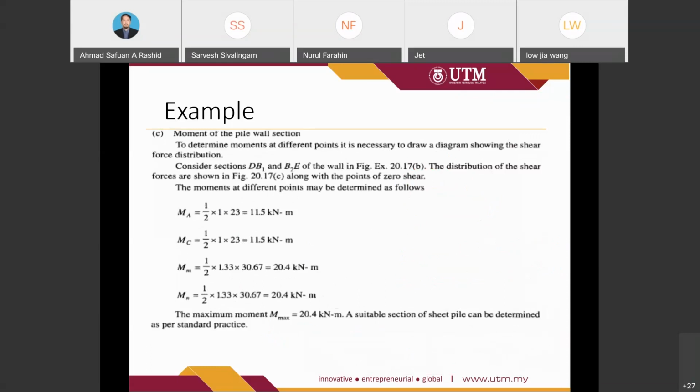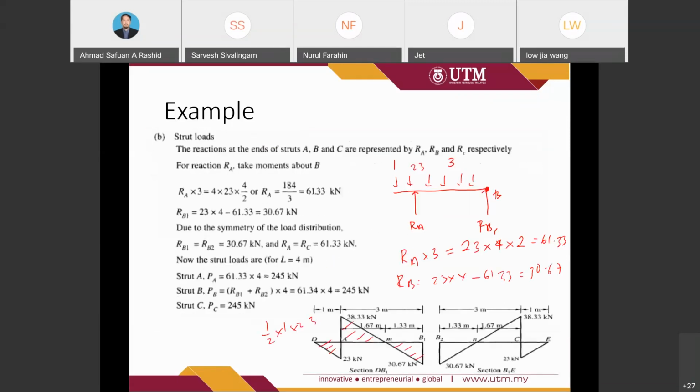In this case we may choose the highest value in order to design for the sheet pile. For this case we only choose the positive side.